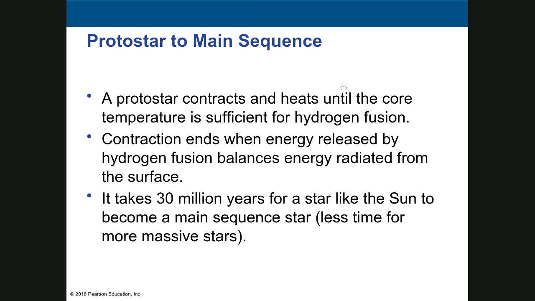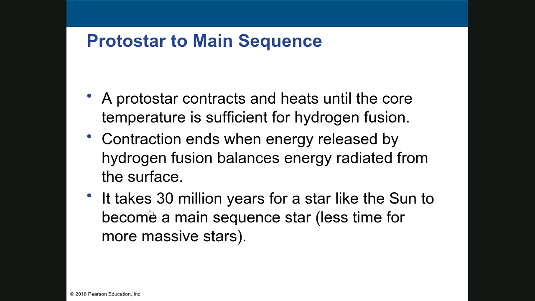And so that's the same thing with stars, right? They're sort of in this developmental state, and then as soon as they can heat up to undergo hydrogen fusion, they are born. So contraction ends when energy released by hydrogen fusion balances the energy radiated from the surface, right? And that is when the star sort of stabilizes.